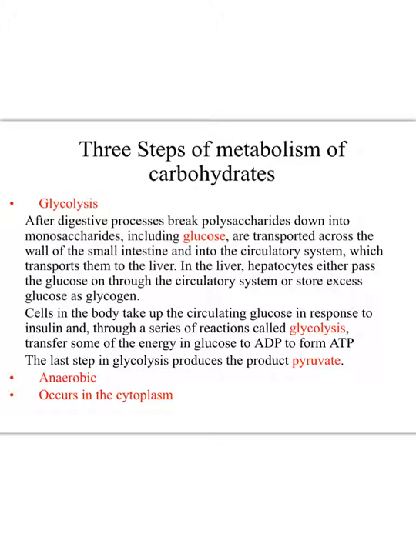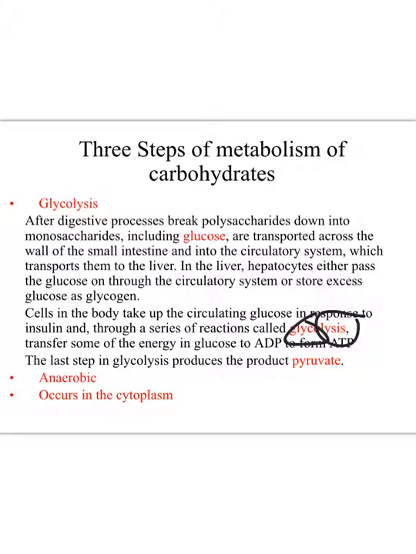The pancreas is going to release the hormone insulin, and that's going to drive the glucose into the cells, and then the cell is going to host a reaction known as glycolysis. If you break this word down, glyco for glucose, lysis for destruction, so glycolysis.